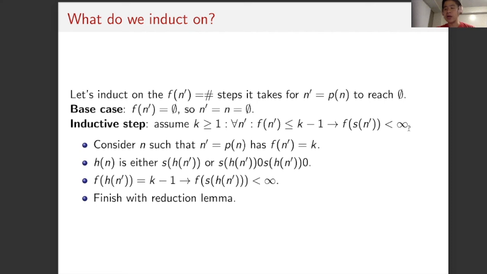So now we want to extend this statement to what happens when f of n prime equals k, meaning that this predecessor will take k steps to go to the empty string.